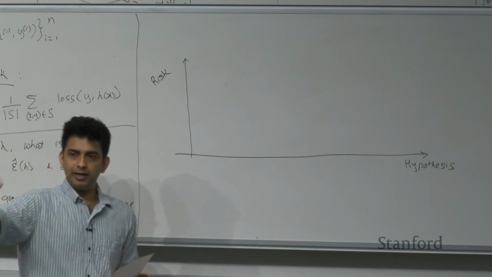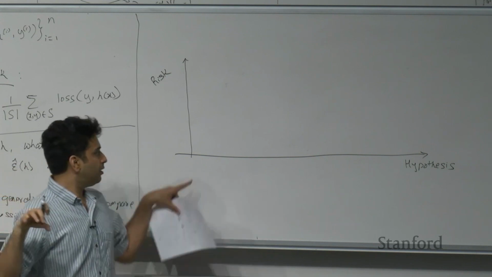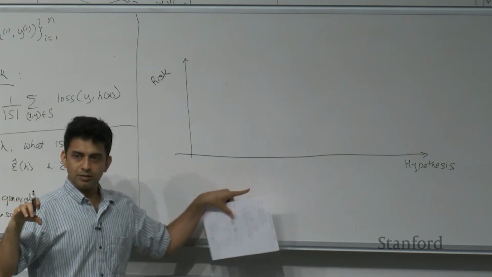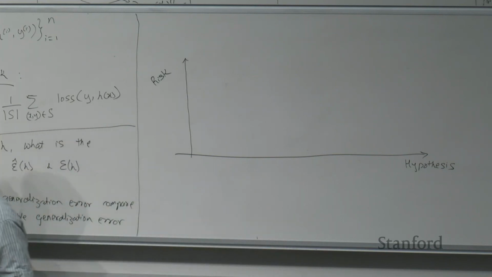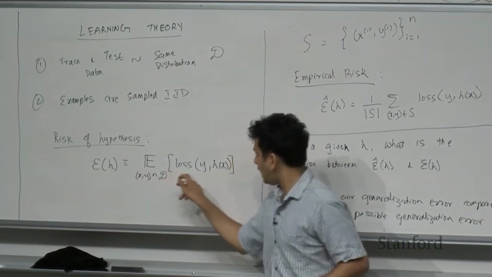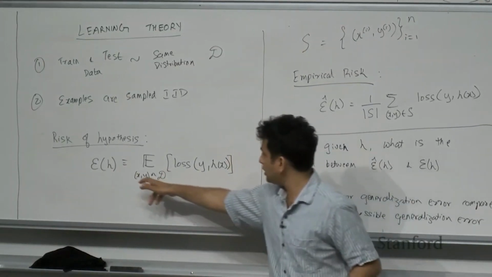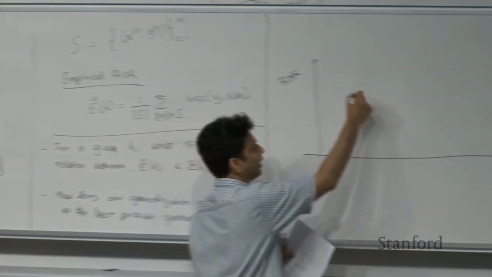We could take the entire infinite set of samples from the distribution, take one of these hypotheses and measure the expected loss of that hypothesis against the entire infinite set of examples, and that gives a point.